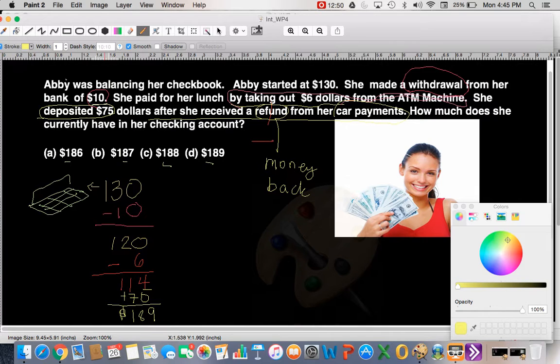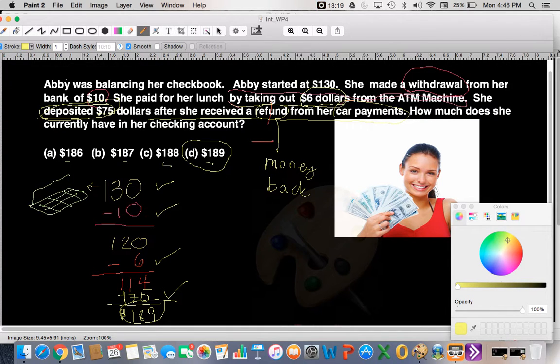So just to recap, she got 130, and then she withdrew $10, and then she paid for her lunch $6. She deposited $75, which is positive, and you add it up and it will total $189. So the answer would be D.